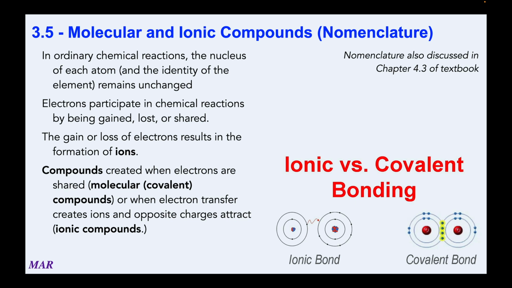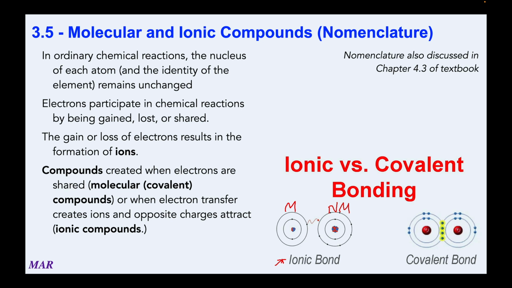So an ionic bond is usually between a metal, which gives up an electron or electrons, and usually the thing that's accepting the electron or electrons is going to be the nonmetal. So sodium chloride would be a good example of that. Sodium loses an electron and chlorine gains an electron to make an ionic compound.